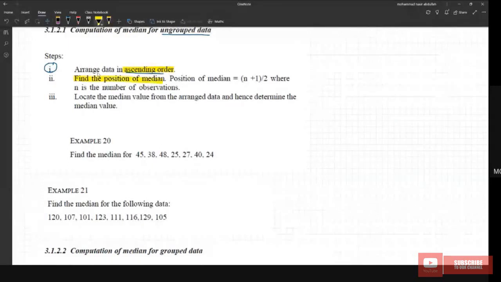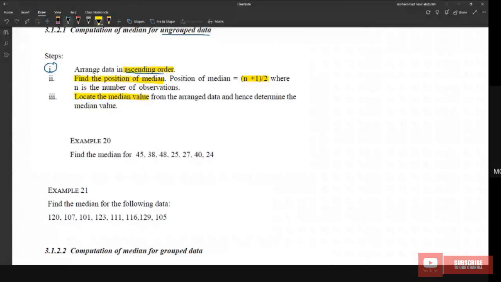The position of the median formula is (n plus 1) divided by 2, where n is the number of observations. Then step number 3, we locate the median value from the position of the median.